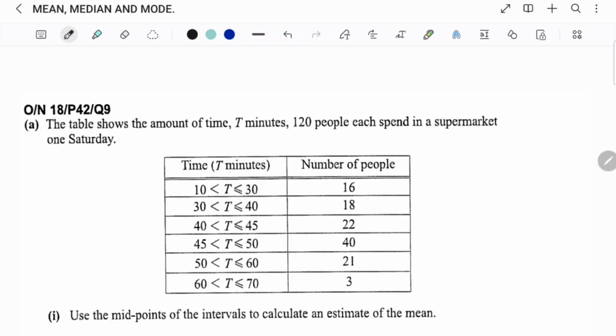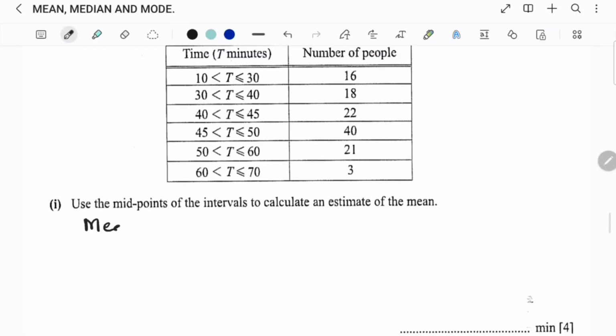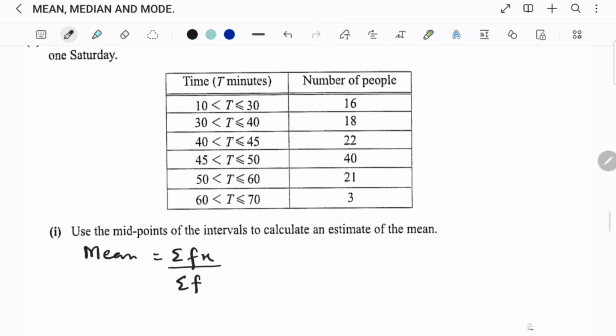You know that the mean is equal to the sum of fx divided by the sum of f. But how do we get the x? Midpoints. I told you that whenever grouped data is there, the midpoint is the value for x. So I'm just keeping the midpoints here. For 10 to 30 the center number is 20, 30 to 40 is 35, 40 to 45 is 42.5.